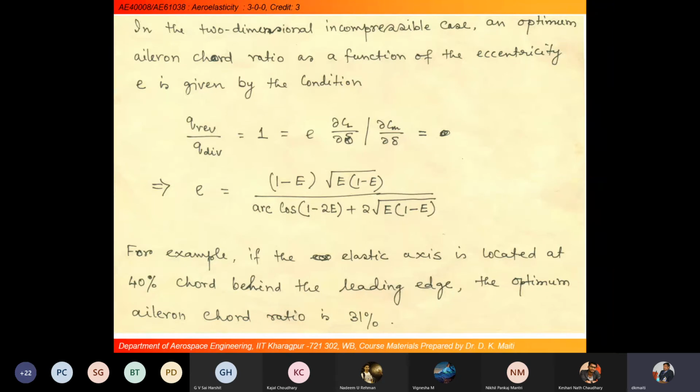So, in the two-dimensional incompressible case, one can get the optimum value when Q reversal divided by Q divergence is equal to 1.